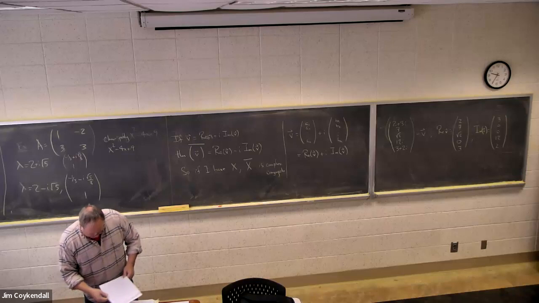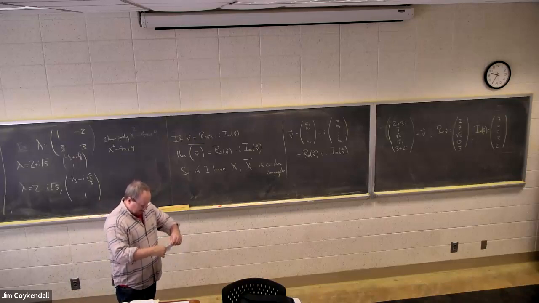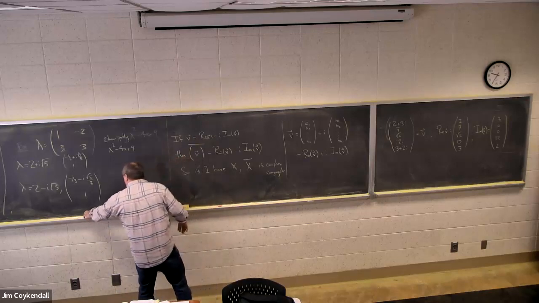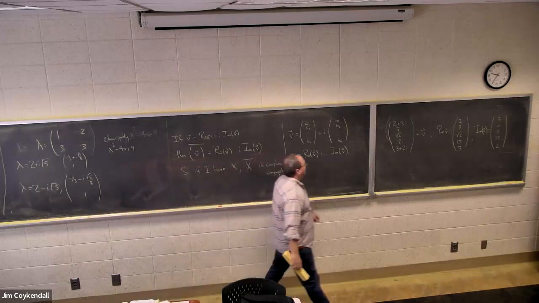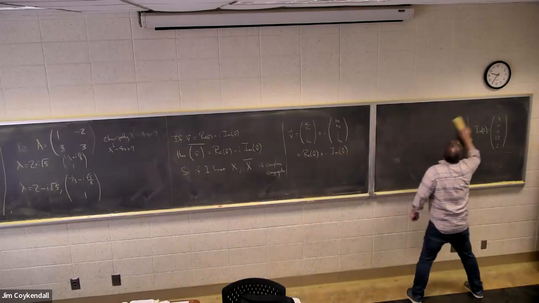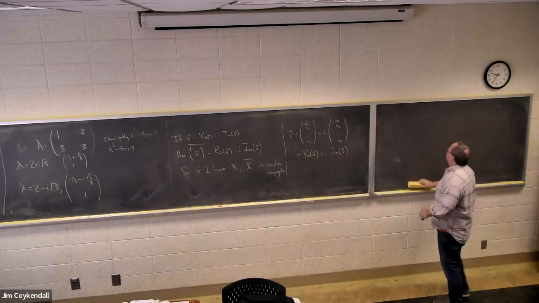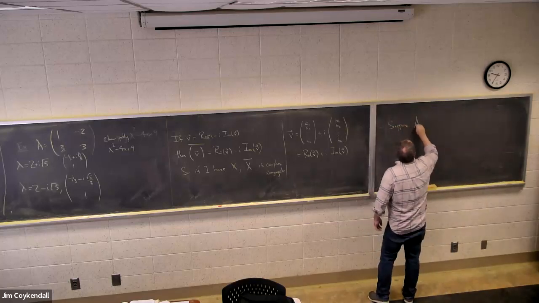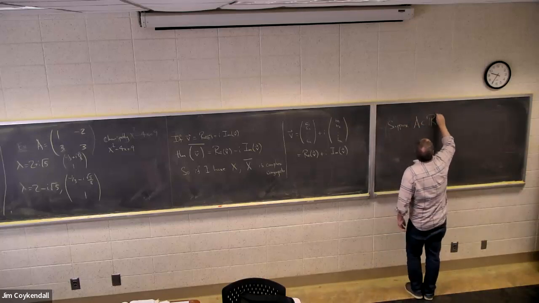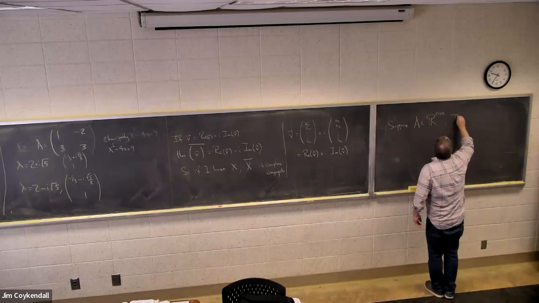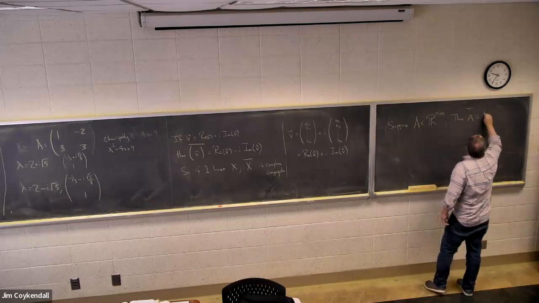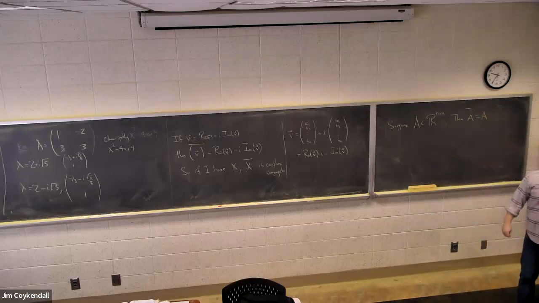So with this observation, suppose A is a real matrix, then the complex conjugate of A is A itself. Do I agree with that?